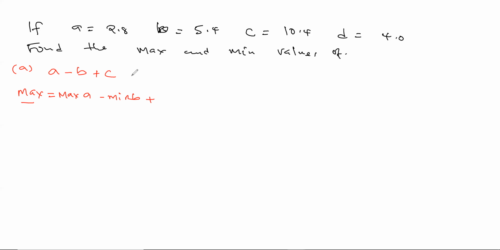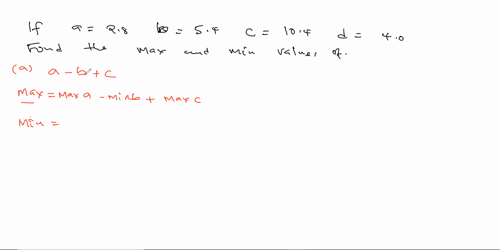So for this question, if I want to get the maximum of this operation, for the subtraction I'll say maximum of A minus minimum of B. That is okay. But since it's maximum and it's plus C, I'll take the maximum of C. You may notice the mistake I made there.